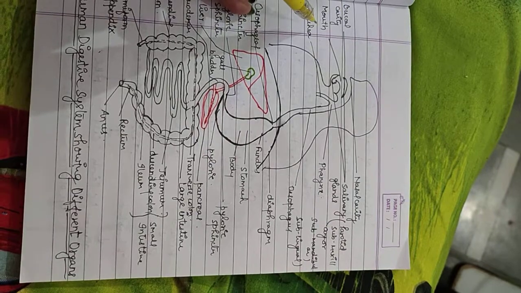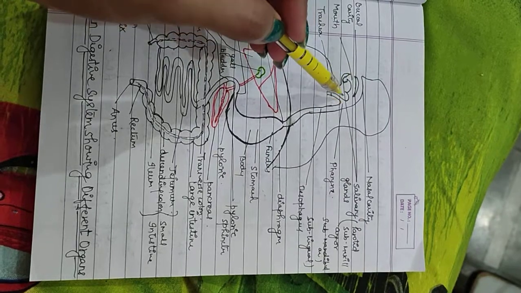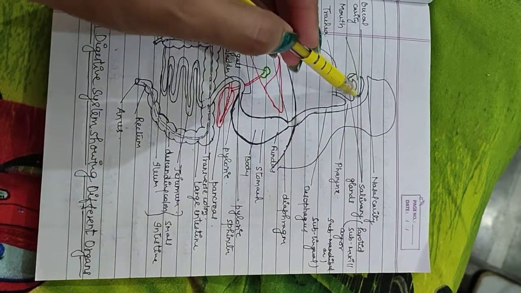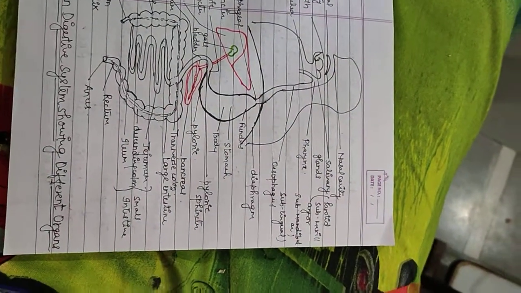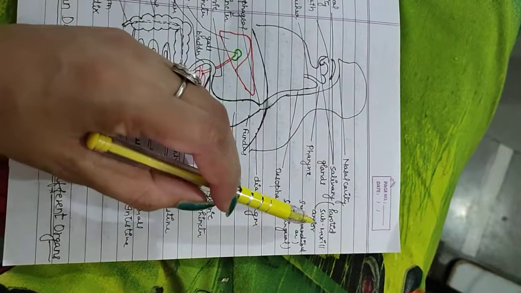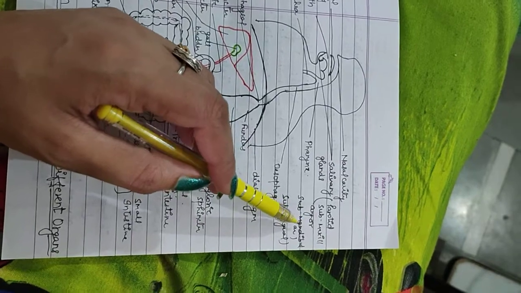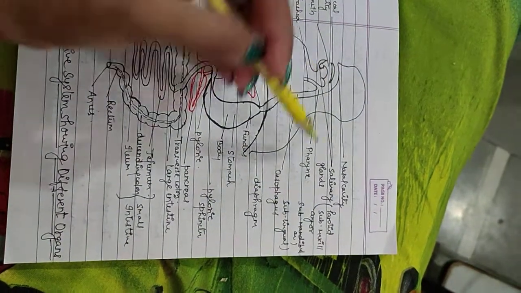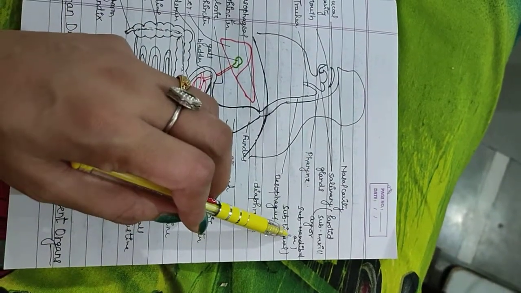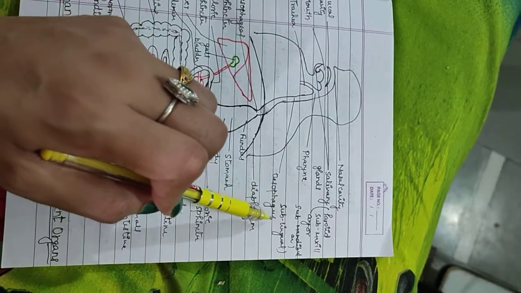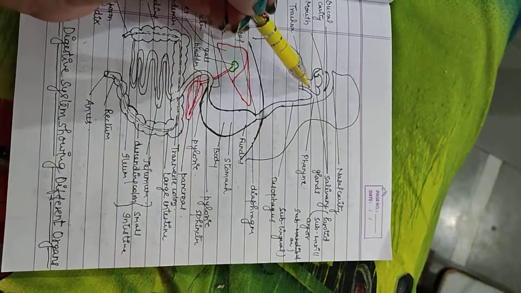So this is the buccal cavity and mouth, and here you can see there are salivary glands present. See here, this and this. There are three pairs of salivary glands. The first is the parotid, which is present in front of and below each ear, and then the submaxillary, also known as submandibular, which is present at the posterior part of the buccal cavity.